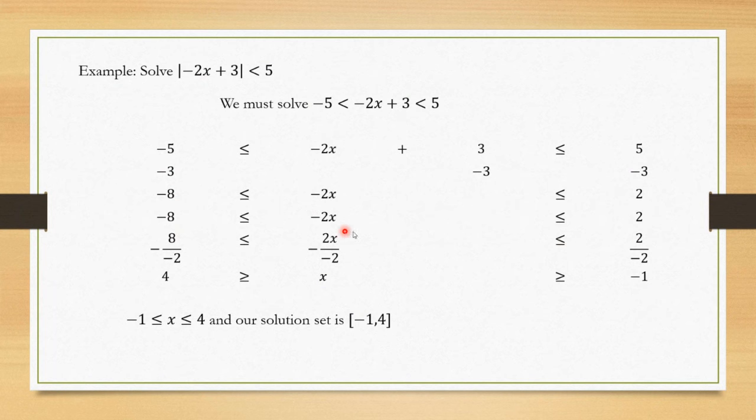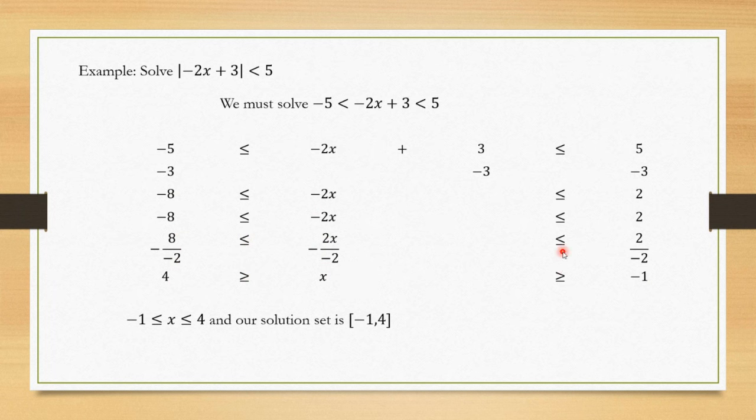Now here it's pretty easy. We just divide by -2, so you do that with everything. We have -8 over -2, that's a 4. Here, x is in the middle because the coefficient's gone. Here we get -1. But notice also you have to turn the inequalities around. This one I turn around to this, and this one I turn around to this.